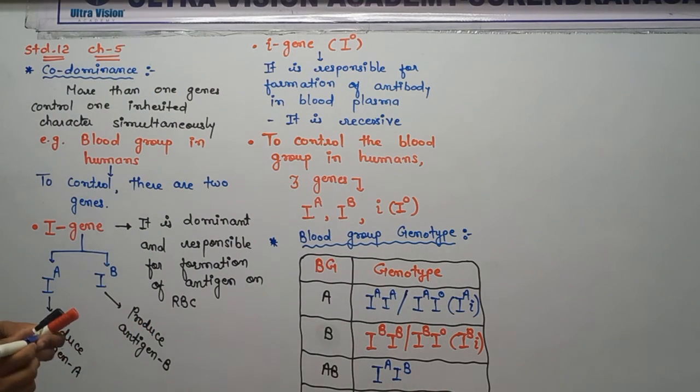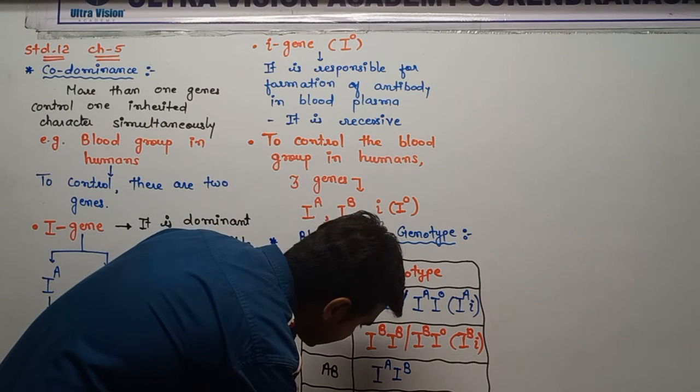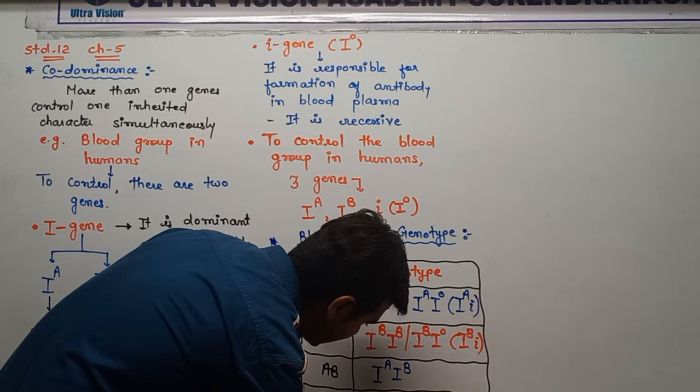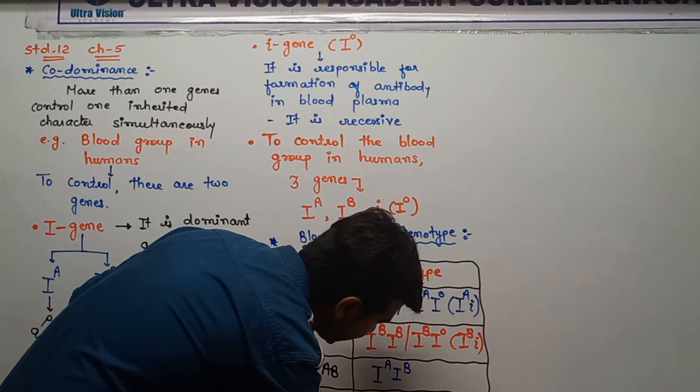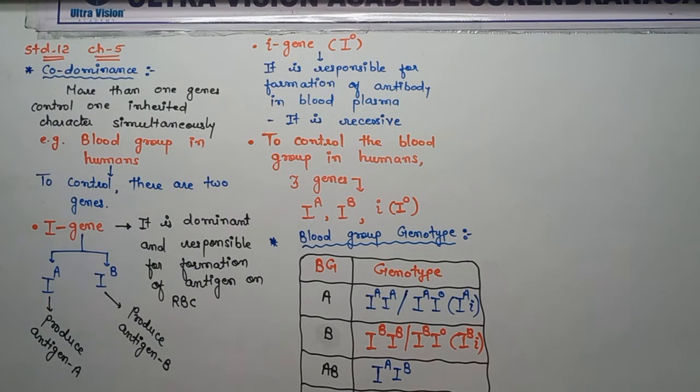And the O blood group person has both genes I0, or you say small i, small i. So this is the most important table to understand which type of blood group the parents have and which type of blood group the child has. So we can identify it.